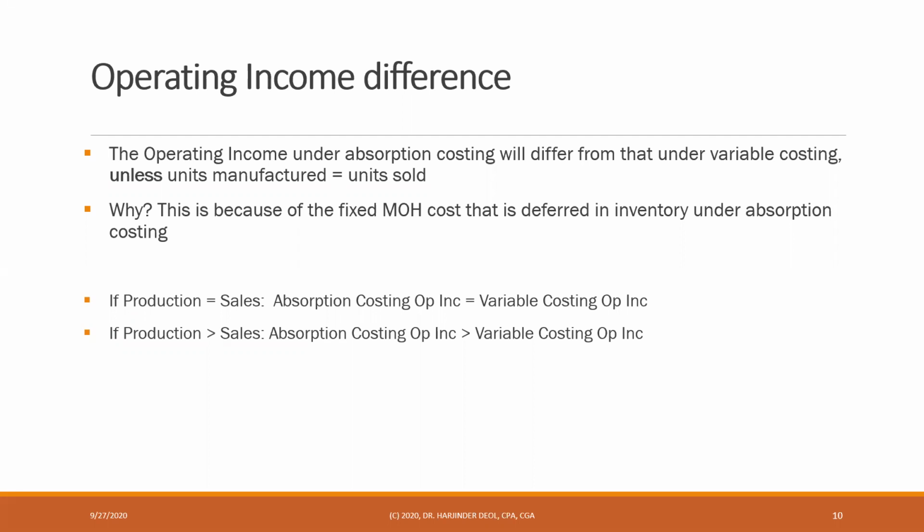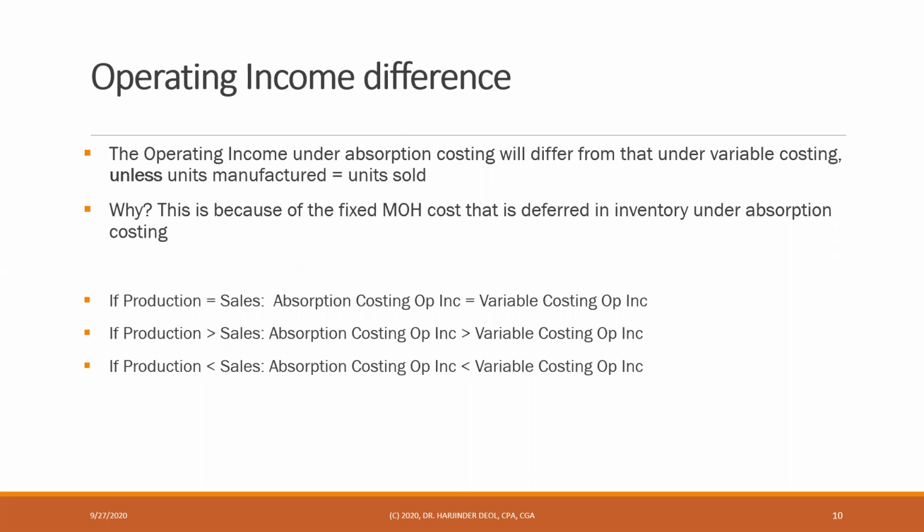All we have to do here is bump up the production. The manufacturing overhead cost will be deferred to inventory on our balance sheet or statement of financial position, and our operating income will be higher under the absorption method. But if our production is lower than the sales, then your operating income will be better under the variable costing method.